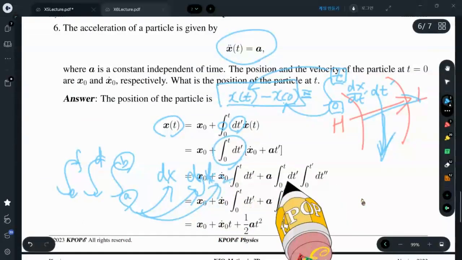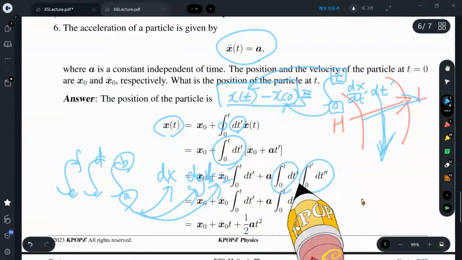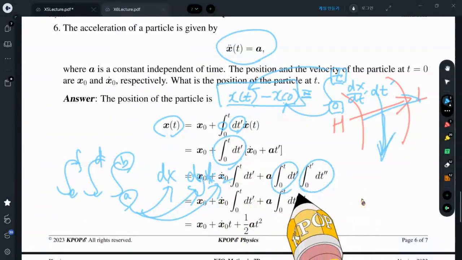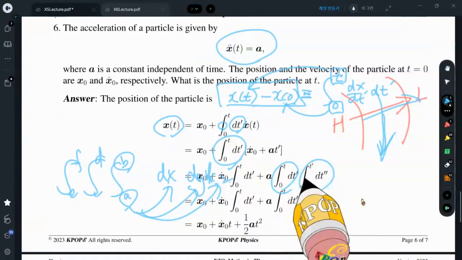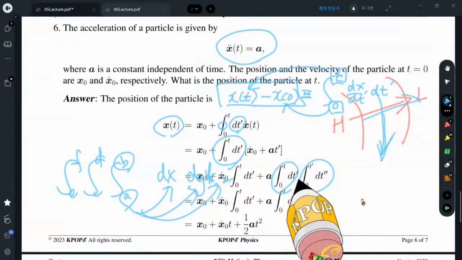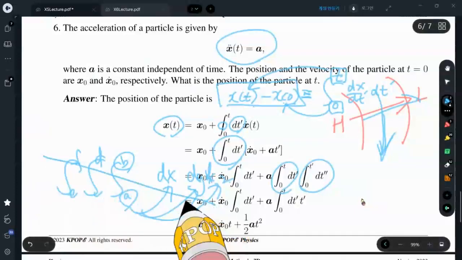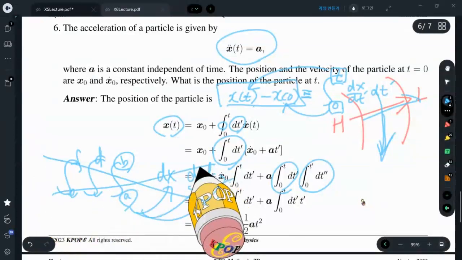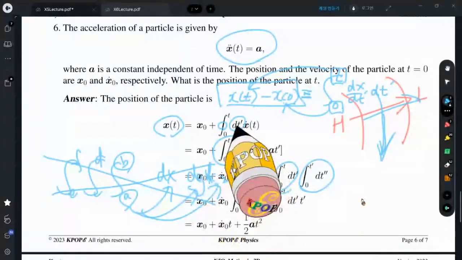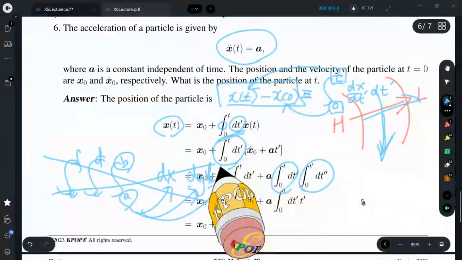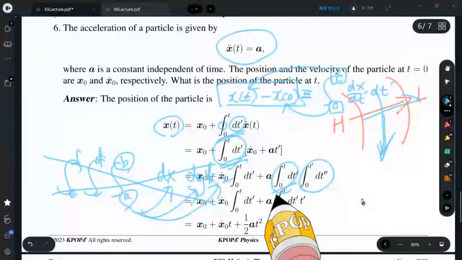If I write in this manner, there is no way of mistaking. We do not have to be confused. So this form is not good for multiple integration. This way is easy to identify.